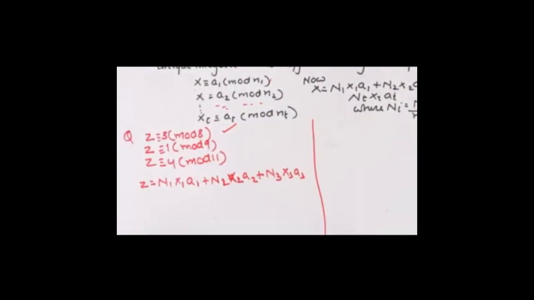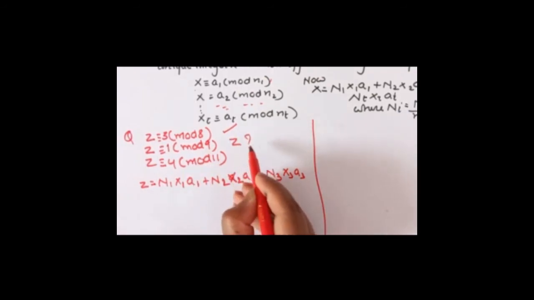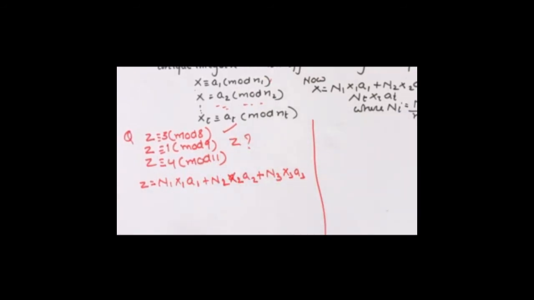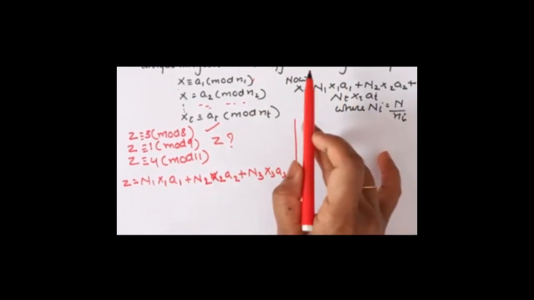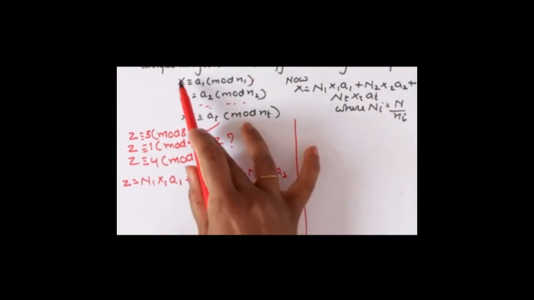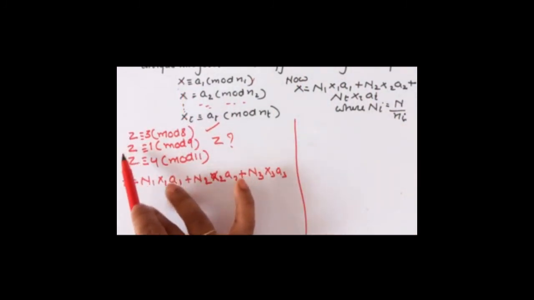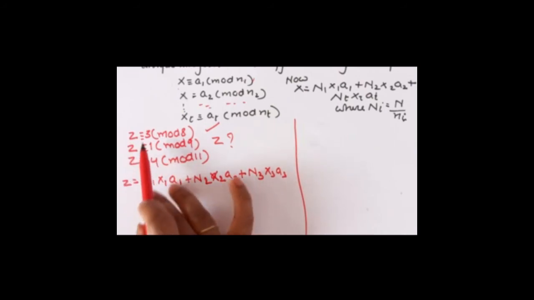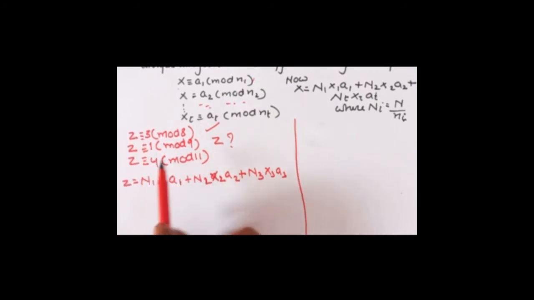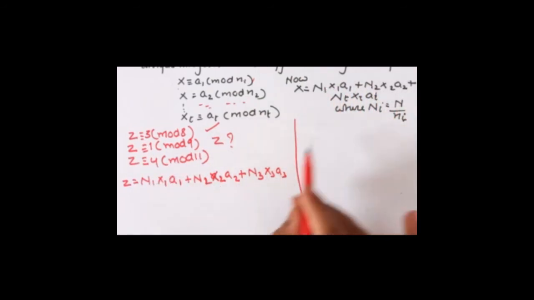Okay, so let's see the question. There are these three congruent equations and you have to find the value of x. By the theorem, there is a unique integer x, and here in the question they are asking to find the unique integer for all these congruences. So the formula is N1 x1 a1 plus N2 x2 a2 plus N3 x3 a3.